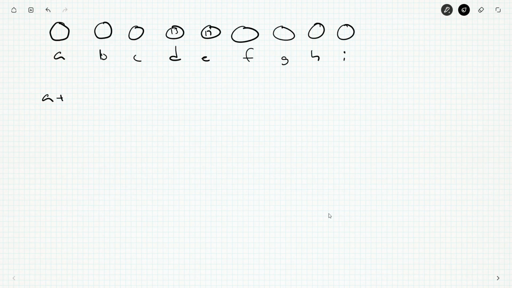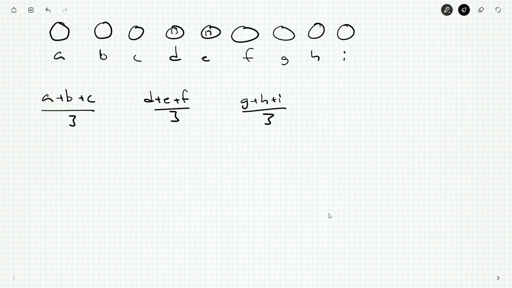She calculates A plus B plus C over 3, the average of the first three. She calculates D plus E plus F over 3, the average of the next three, and G plus H plus I over 3, the next three. Well, D and E are 13 and 17, so this is really just 30 plus F over 3.